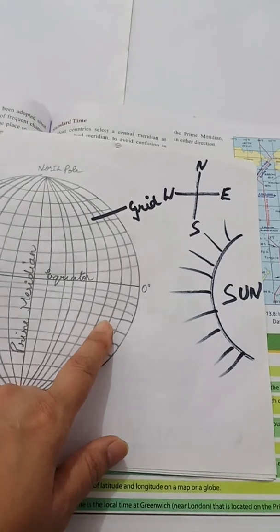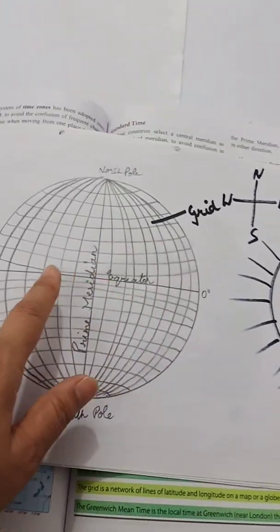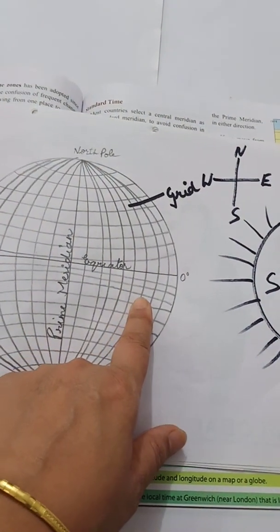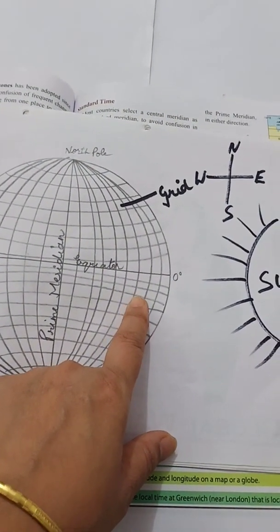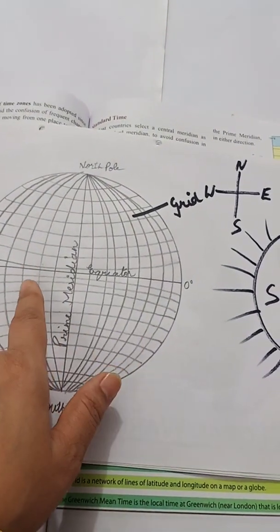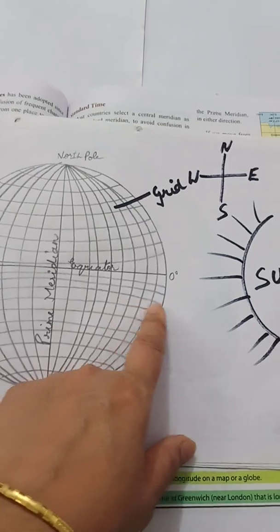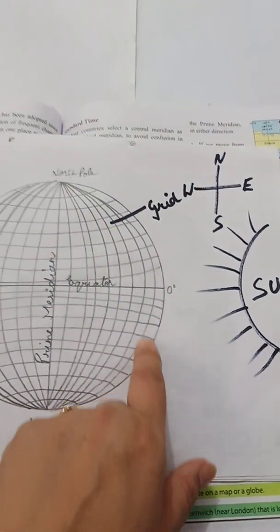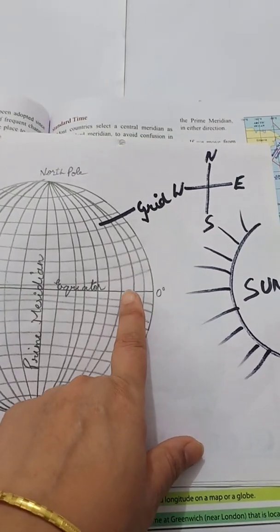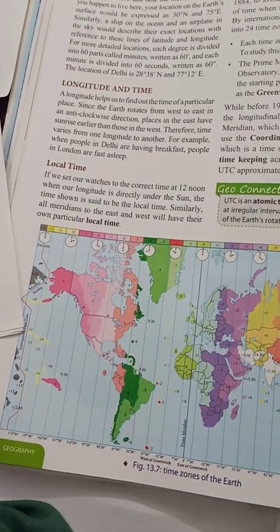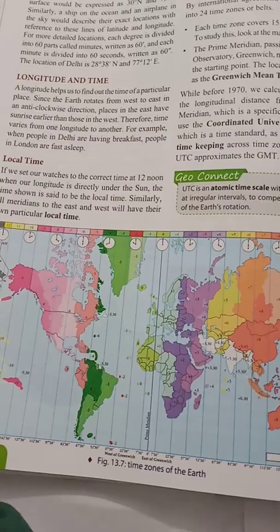Like if India, Delhi is on this side and London on the other, London will have night and India will have day. So these longitudes decide the different timings for different places, and because of this the local time of a place is given on the map.